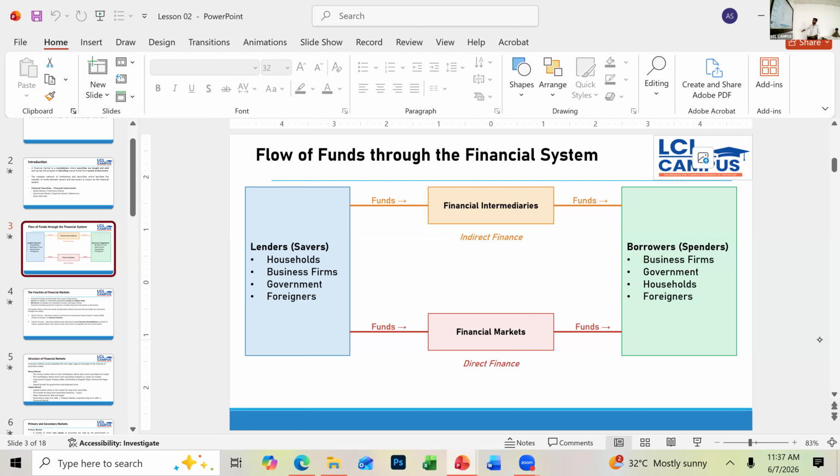Or else you can be asked like this as well: please explain the flow of funds through the financial system with the help of a diagram. That can also be asked.